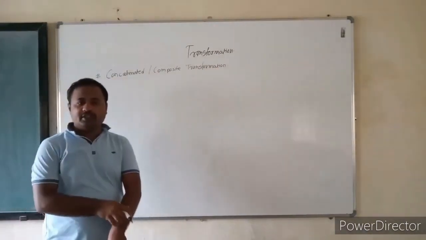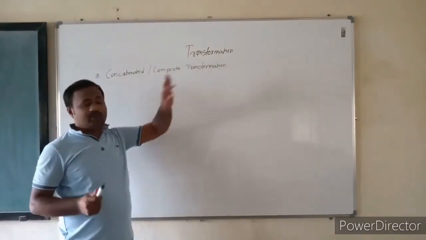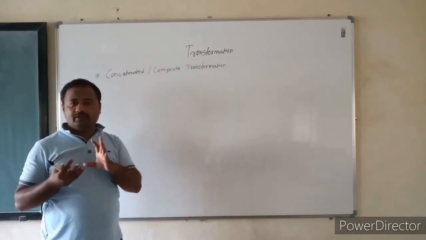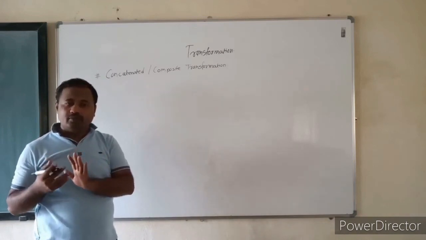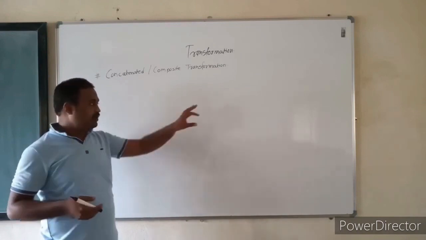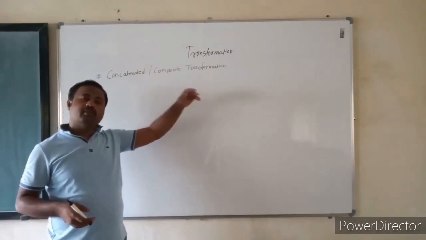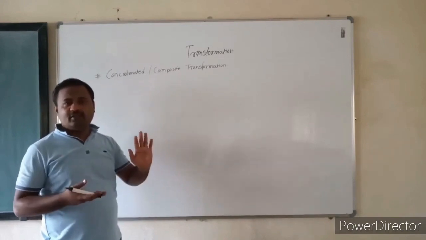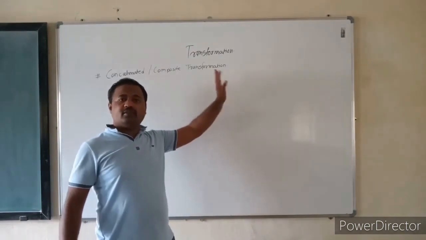Concatenated or composite transformation means you can transform one model with multiple transformations, two or more. You can rotate the geometry and then reflect it about the x-axis or y-axis, or you can shift it in a direction then rotate it.